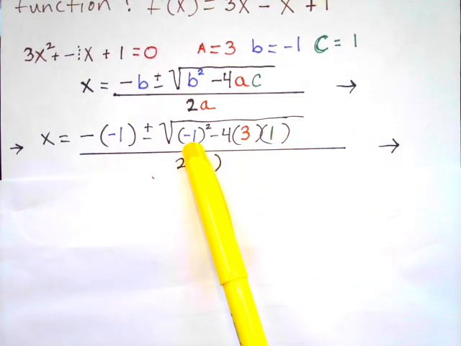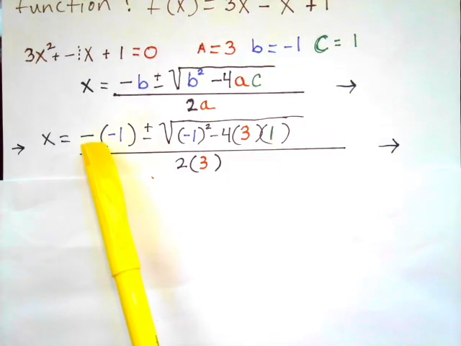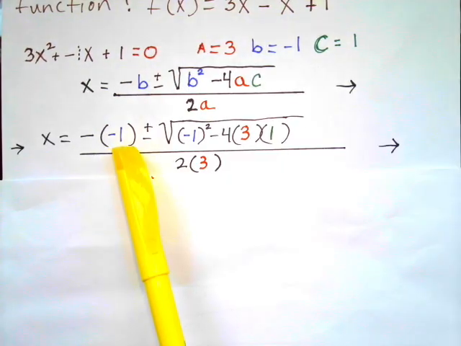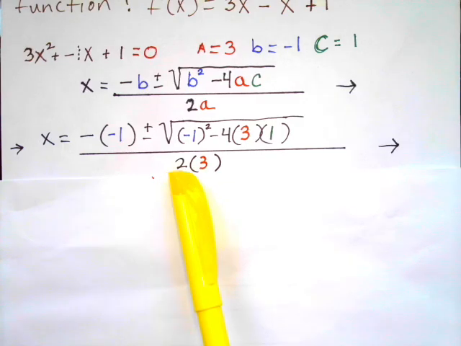Again, -1 times -1 is a +1. And for those of you that know your math, you can maybe see why the equation I started with and created isn't the very best equation. Of course, I have a -1 on the outside of these parentheses. It's invisible. -1 times a -1 is a +1. And of course, 2 times 3 is 6.